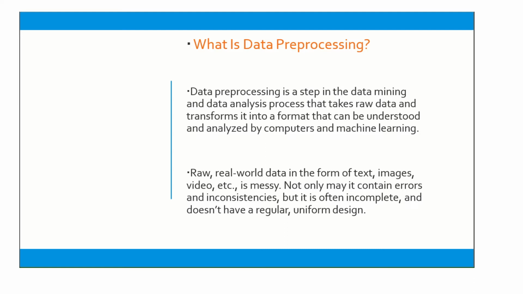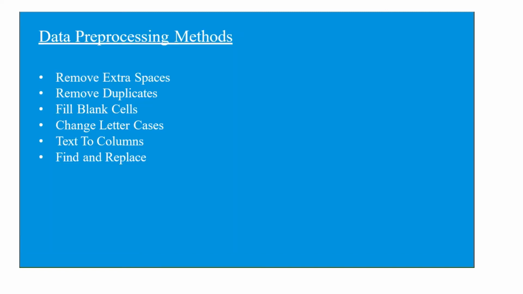It may contain errors, but also inconsistencies; it is often incomplete or does not have a regular or uniform design. So using some methods, we can improve the data and remove its errors.